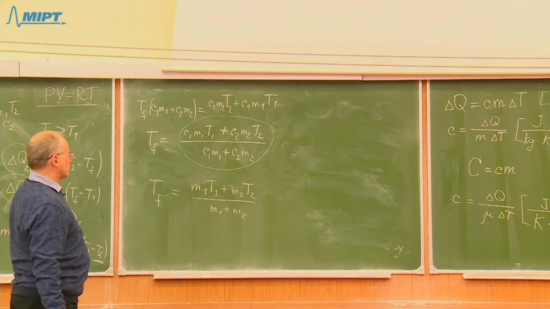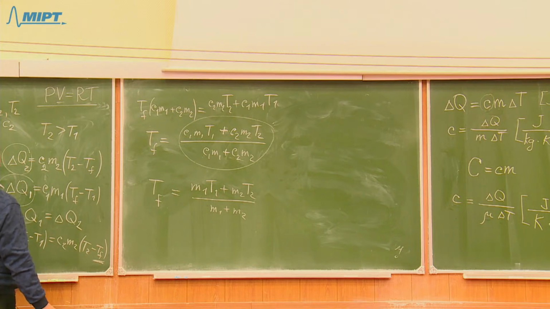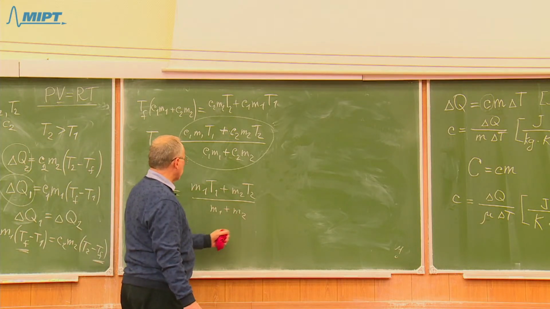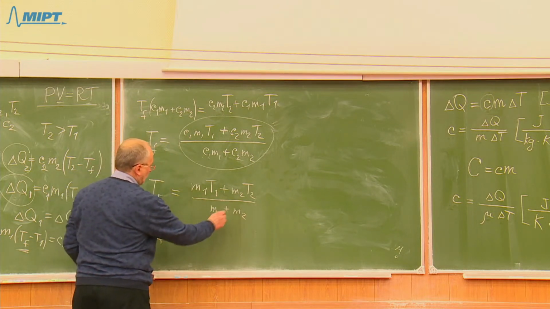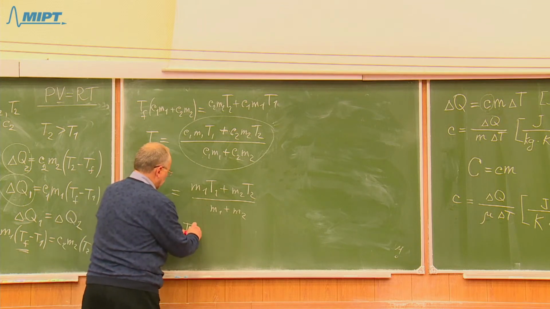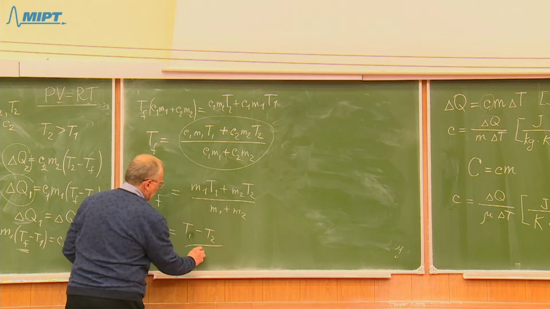And also suppose we use equal masses. We use M1 equal to M2, equal amounts of liquid, equal masses of liquids. Then all this formula in this case will be given as the sum of temperatures divided by 2.